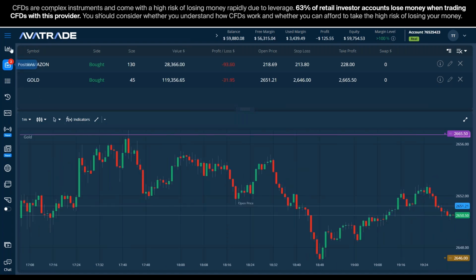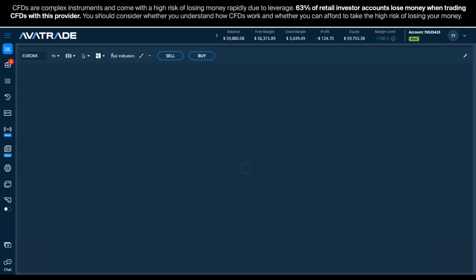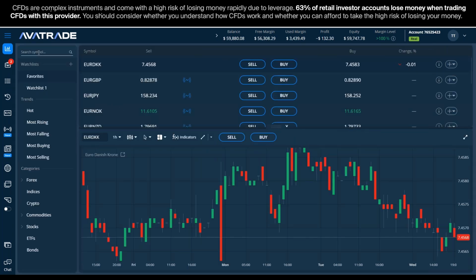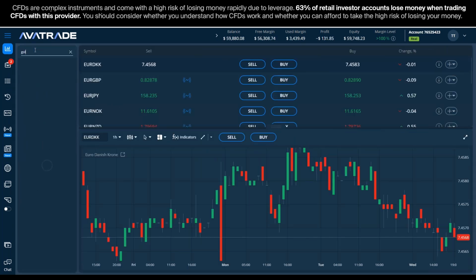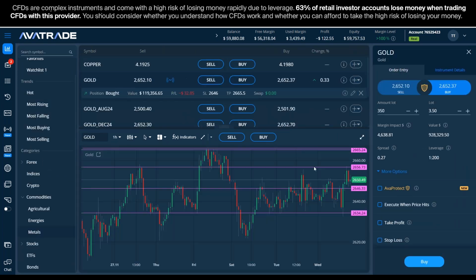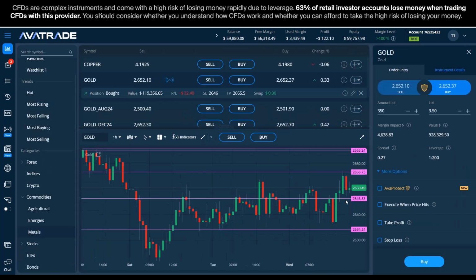Okay, so I could bring up gold in the trade area. And I could look for an opportunity to re-enter now that it's pulled back down close to my original entry point. I could re-enter those trade sizes that I already closed in profit.